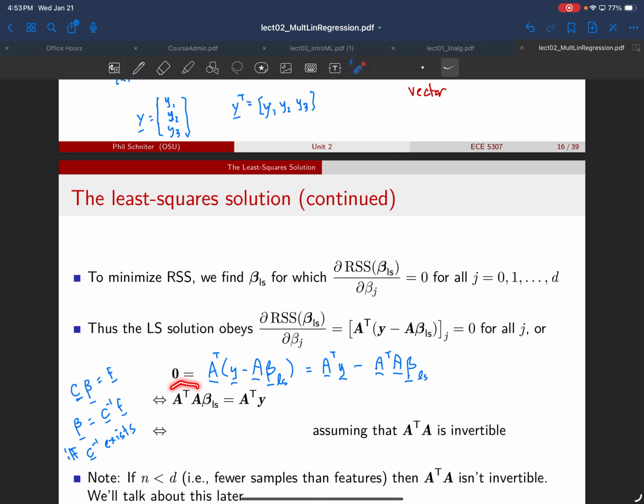But this is definitely going to be square, it's a symmetric matrix. By construction, it's square. And so if it's invertible, we'll talk about that more later, then we can essentially invert this entire matrix, and we get that beta least squares is A transpose A, that quantity inverted, times A transpose Y.